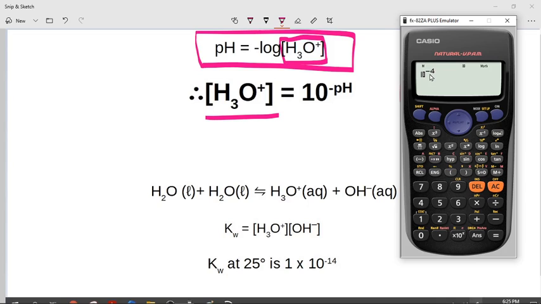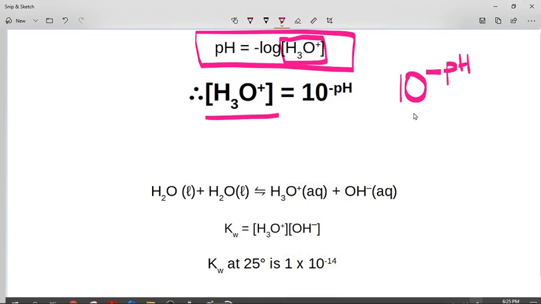So say you had something with a pH of 4, you go equals, and you will get your answer when you press the SD button, and that will be your concentration in moles per cubic decimeter. So 10 to the power of negative pH is going to give you the hydronium ion concentration.